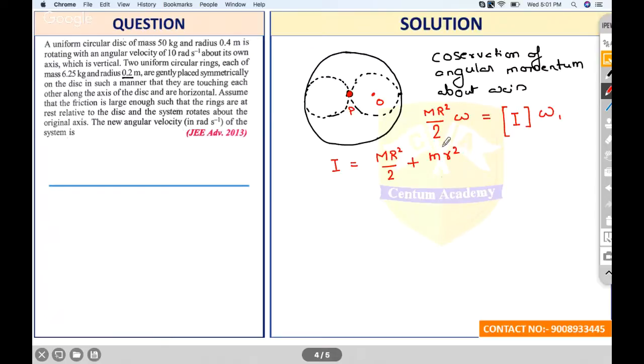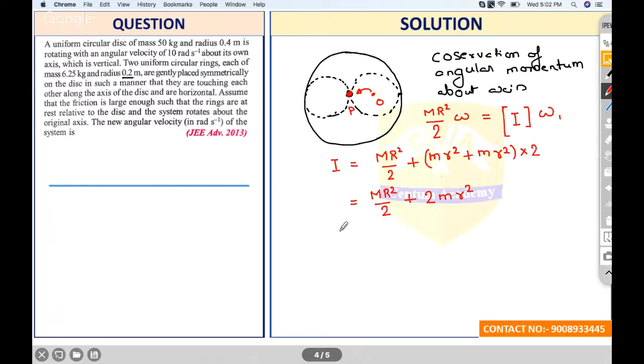This is the ring's moment of inertia. Plus you need to move this axis from here to point P, so plus m r square. So this is the moment of inertia of one of the rings, but there are two rings, so this into 2. The total moment of inertia you will get as capital M r square by 2 plus 2 times small m into small r square.